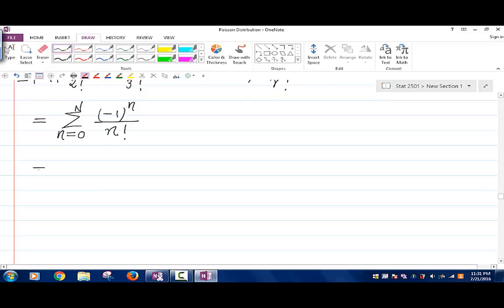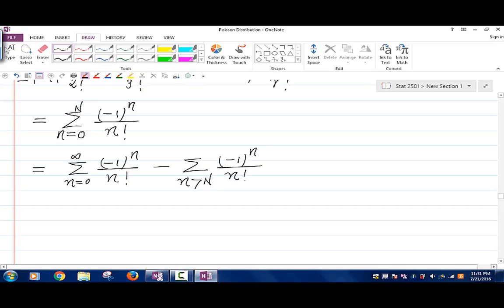This would be equal to the summation n going from 0 to infinity of (-1)^n over n!, minus the summation over n greater than N of (-1)^n over n!.